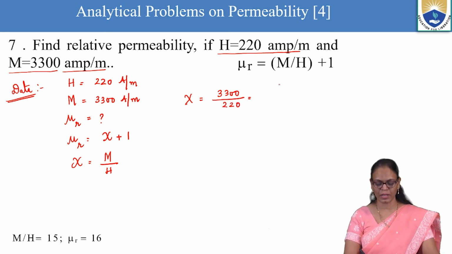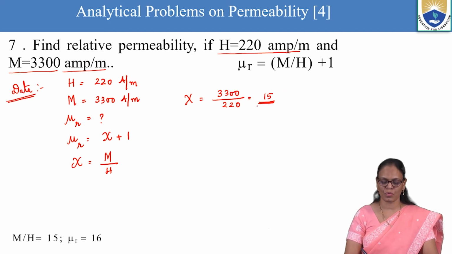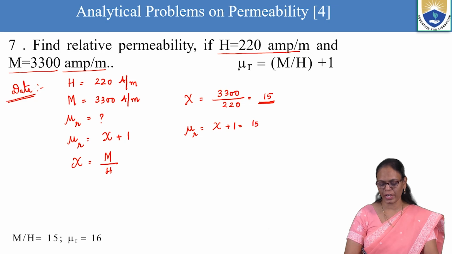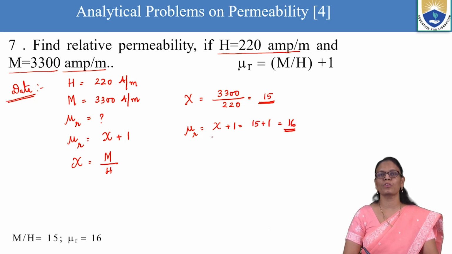So this is nothing but 15. Chi is 15. Once we get the value of chi, getting mu r is very simple: chi plus 1, so 15 plus 1, that is 16. So the value of mu r is 16. Chi is 15, it's a ratio, and mu r is also a ratio.